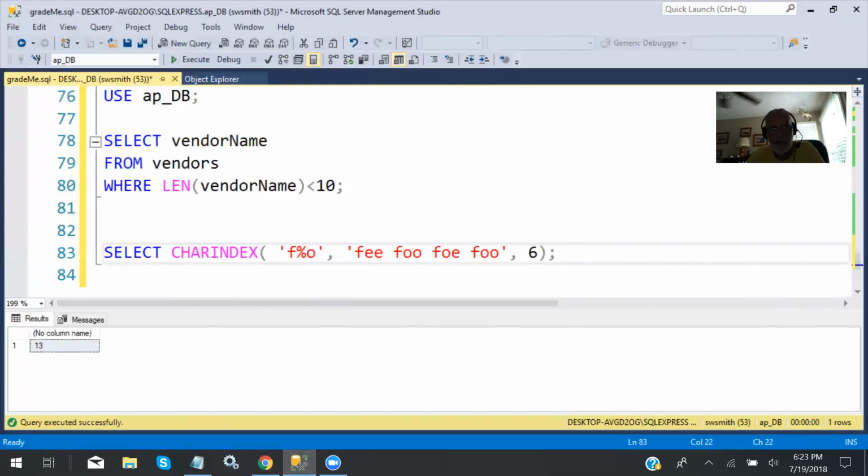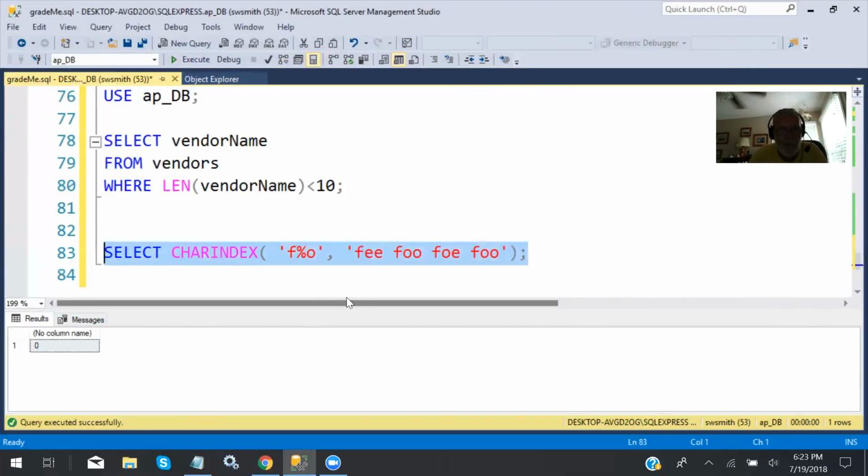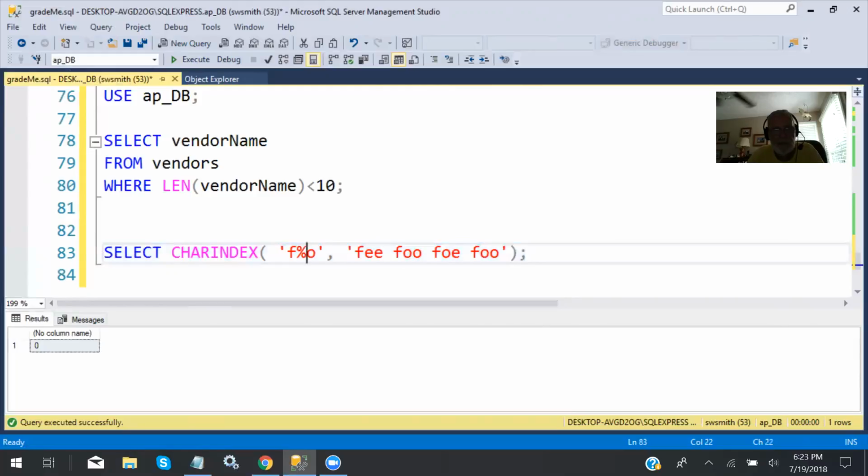Find anything, so I'm going to find 1, 2, 3, 4. I should find 5 here. Fine. 0. Let's see, what is it?